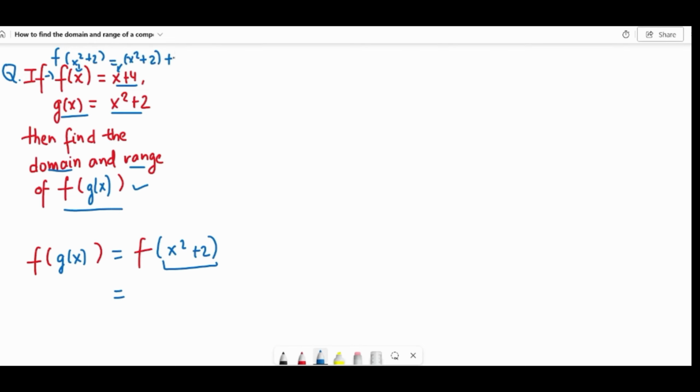And then outside the parenthesis we have 4. So we will have f of x squared plus 2 equals x squared plus 2 plus 4, which I am writing here. So then we will get f of g of x equals x squared plus 6. So this is the required function, and for this function we need to find the domain and range.